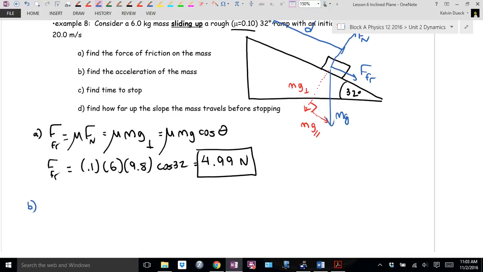So the winning direction is going to be down the ramp. Who's losing? A lot of kids want to say friction's a loser because they're so used to friction slowing things down. In this case, though, I think, Drake, we have two winners. Two forces down the ramp, yes? No losers. It's like kindergarten. Everyone's a winner. It's like sports day in elementary school. Everyone gets a ribbon, right?